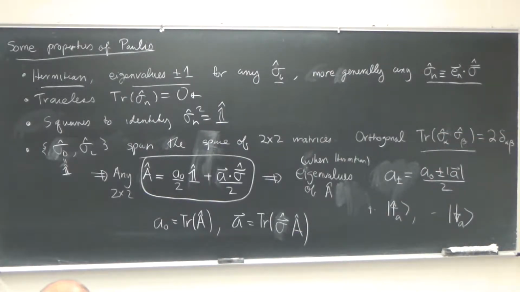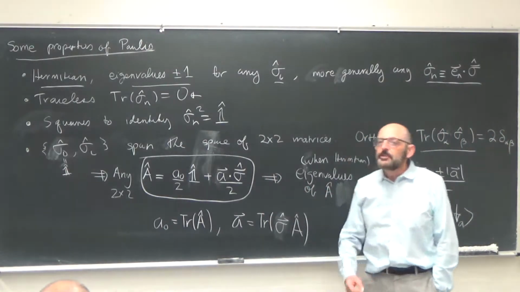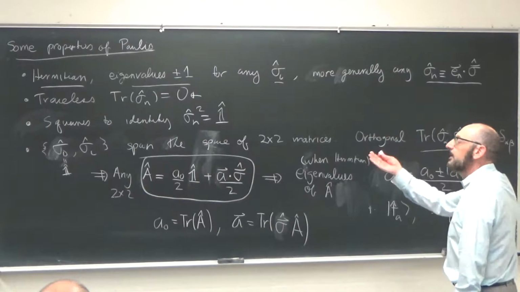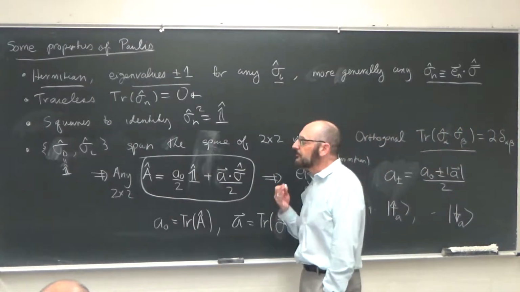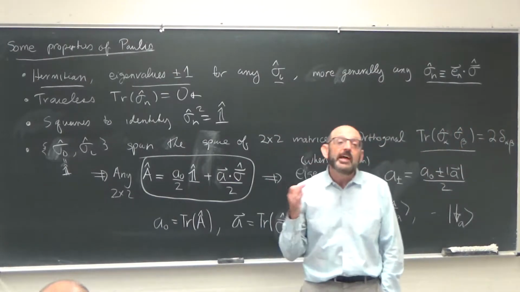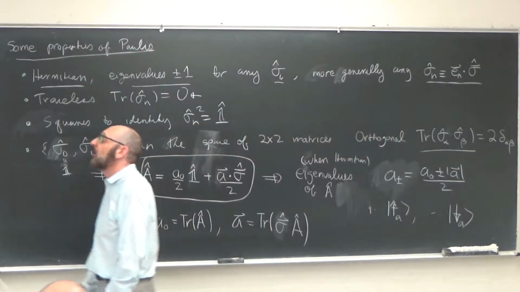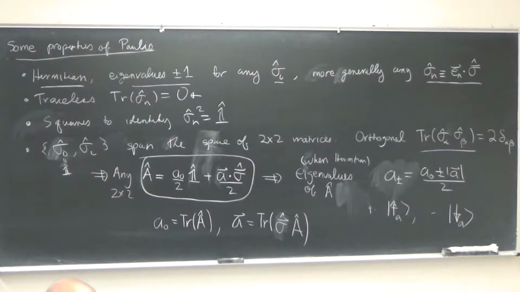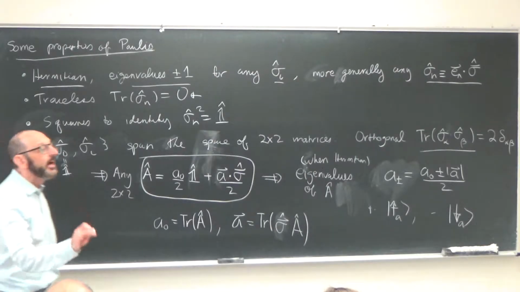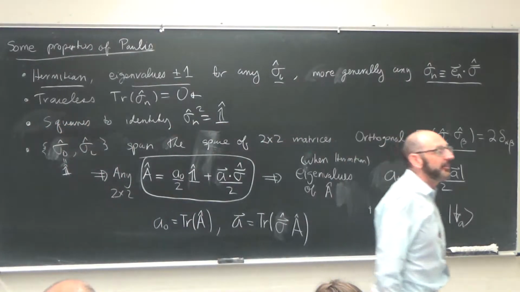And one thing that this formula allows us to do is to instantly read off the eigenvalues and eigenvectors of any 2x2 matrix. So forever and a day, you will never again write down the characteristic equation of a 2x2 matrix and diagonalize it by solving the quadratic formula.